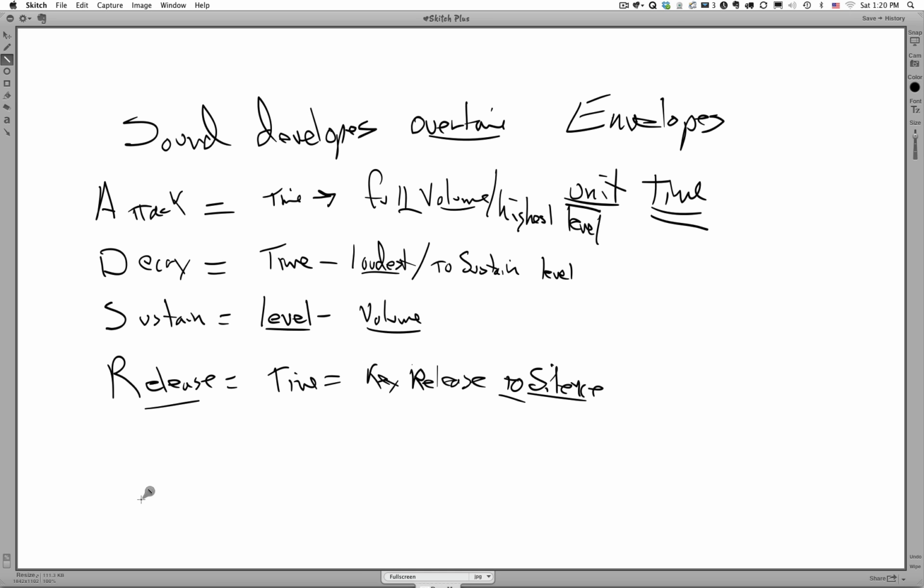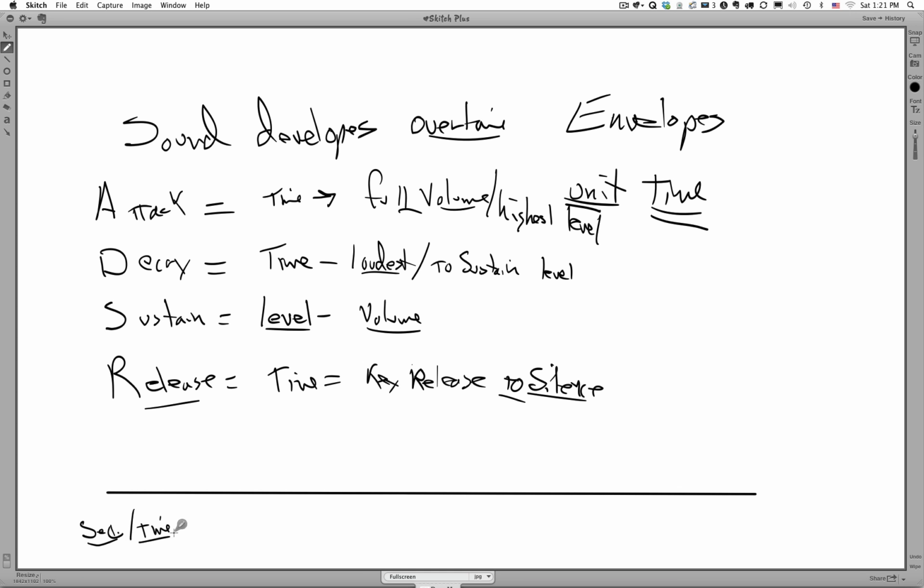Let's do a diagram quickly then of an attack, decay, sustain, and release envelope. So there's my line. Along the horizontal axis, we'll say it is time, seconds. How long does it take? So here is when we first hit the key on the keyboard.